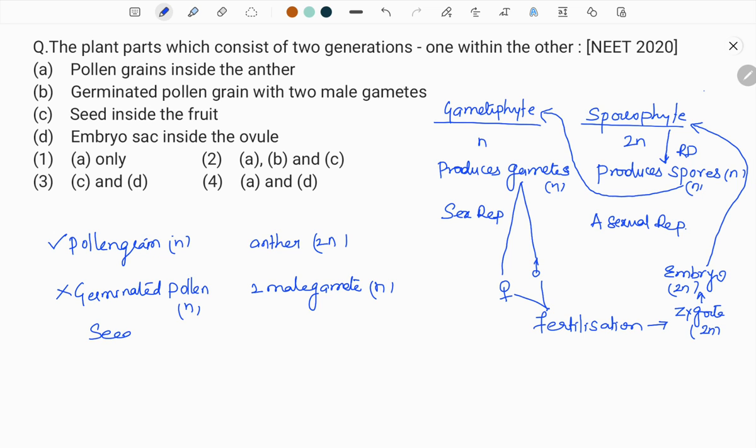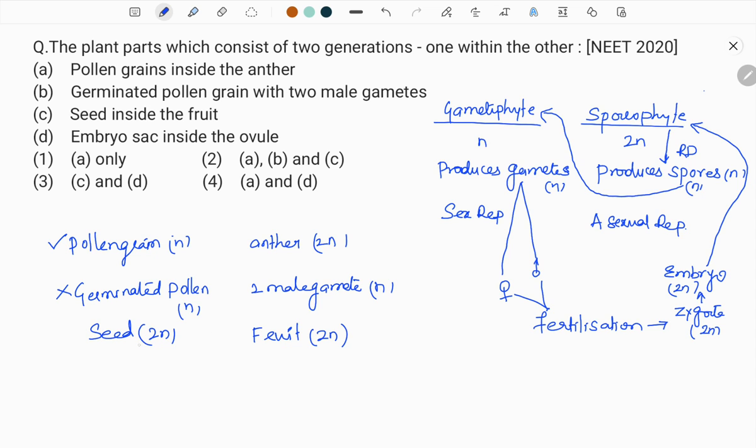Next, seed inside the fruit. The seed is diploid and fruit is diploid. What is fruit? Fruit is modified ovary after fertilization. The ovary is diploid because ovary is part of carpel. Carpel is diploid. Flower is diploid. Inside the flower, carpel is diploid. In that carpel, ovary is diploid. So when the ovary is diploid, fruit is also diploid.